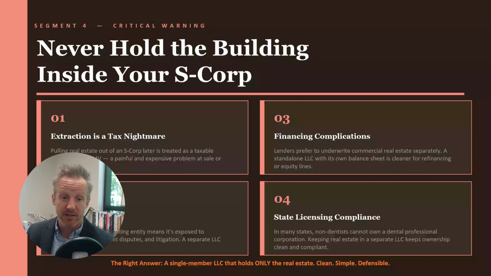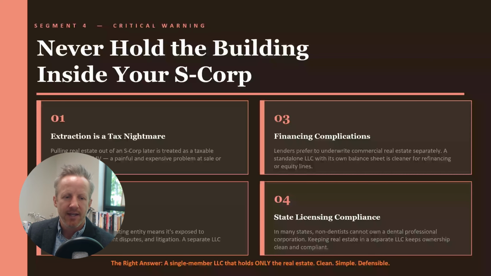They put it inside their S-Corporation. I cannot tell you how terrible advice they received by whoever recommended that. There are 4 reasons why I'm going to state that this is an absolute terrible idea to have your dental corporation buy and own your building instead of a separate entity outside of your dental corporation.